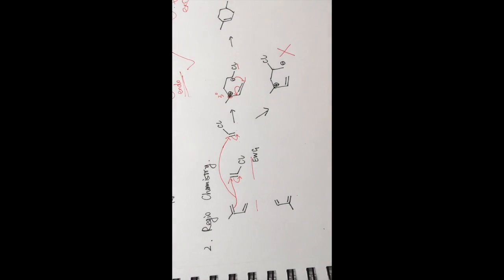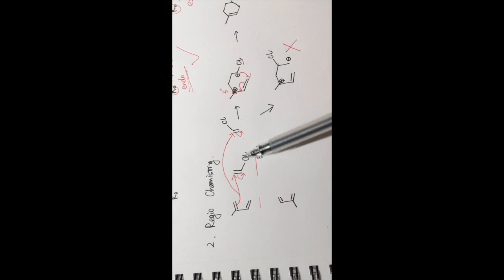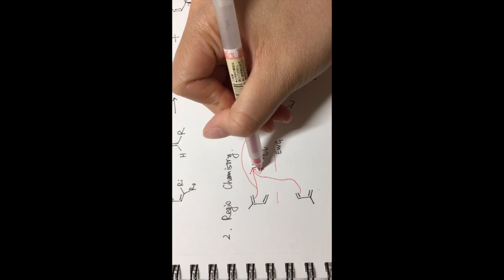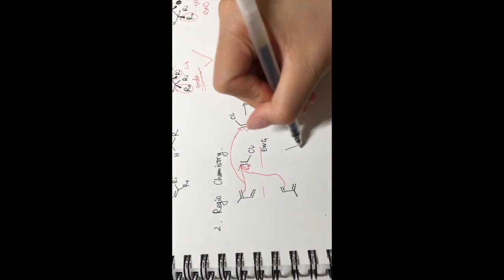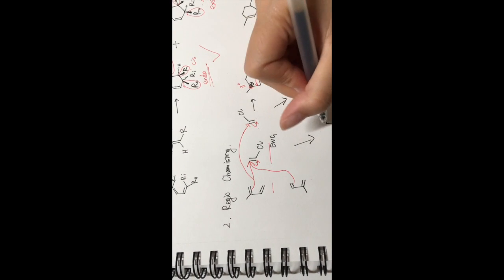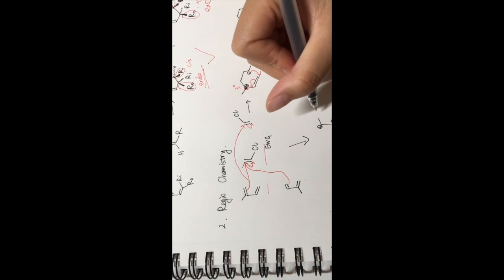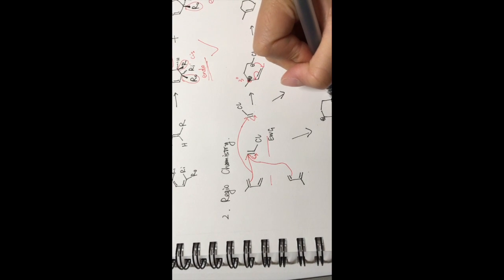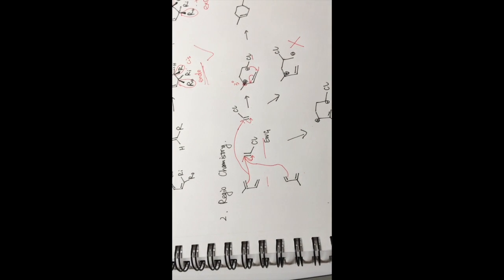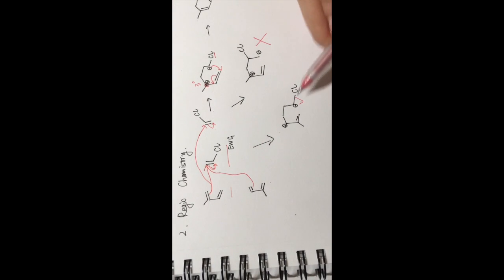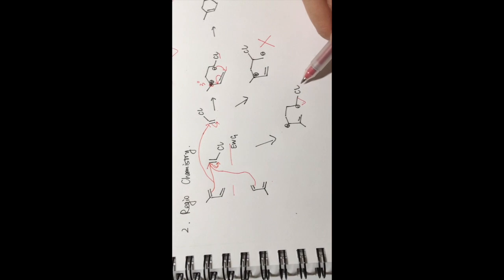Or if you try out this compound with this compound, you would get this imaginary intermediate. So this part here is pretty good because this is an electron withdrawing group and the electron would be very happy.